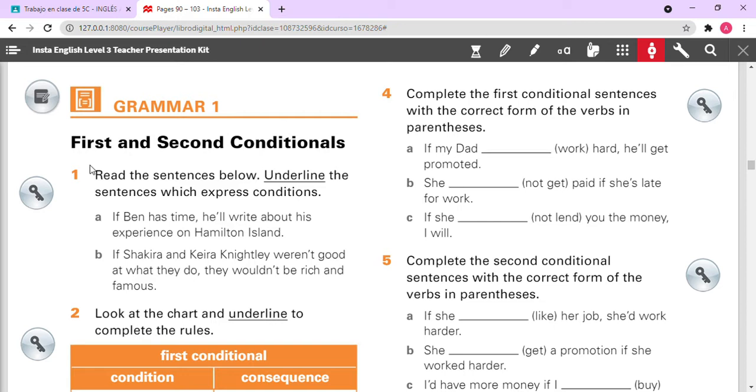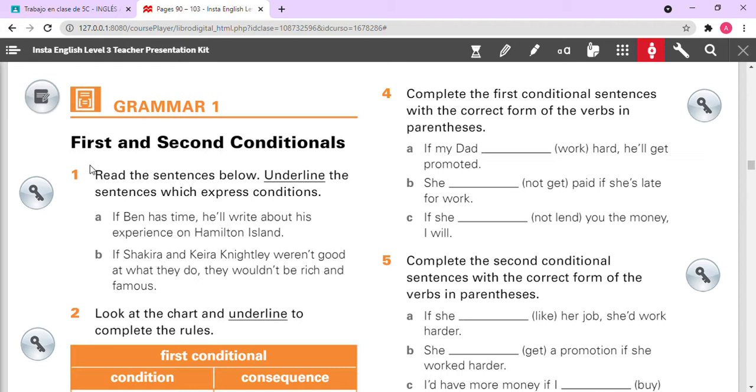Now let's see. Read the sentences below and underline the sentences which express condition. We have letter A and also letter B. Let's read letter A. If Ben has time, pay attention, if Ben has time, he'll write about his experience on Hamilton Island.